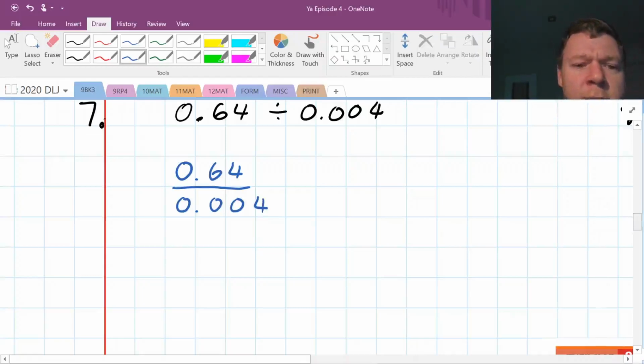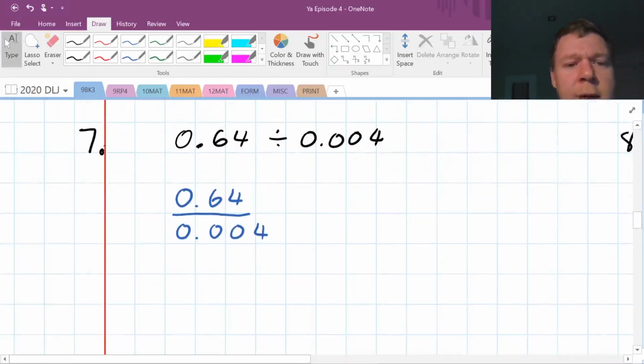So this just makes it easy to see if you need to add any more zeros in, because we're going to move that decimal point the same amount on the top and bottom. So we want to put another 0 there.